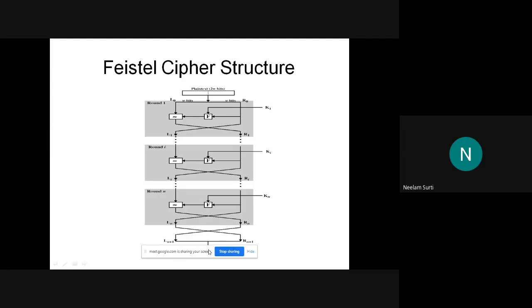This is the basic, or ideal, structure of the modern cipher. If my plain text is 64 bits, what should be half of 64 bits? Half of 64 bits is 32 bits. So the plain text is always divided into two blocks, 32 bits and 32 bits, or whatever the size of the plain text is.